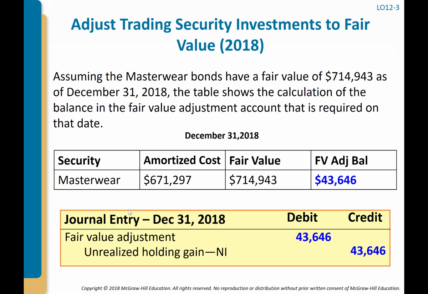And the 714,943 is now the fair value of that investment, and we're carrying it this way on the balance sheet so that it is being reported at fair value. So we could have theoretically gone straight to the investment account, but if you use this fair value adjustment account, then you could report that net of the discount, and you'd get the carrying amount of the investment. Bottom line, we've marked it up to its fair value now, haven't we?